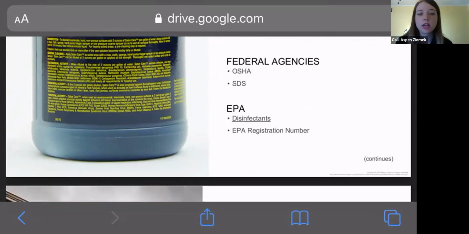You also have an EPA registration number that is found on the back of all of your products, mainly your chemicals. And that is what approves it through EPA. So you can type in that number on their website and it'll tell you everything about that product, whether it is actually approved or not by EPA. It has to have that number.